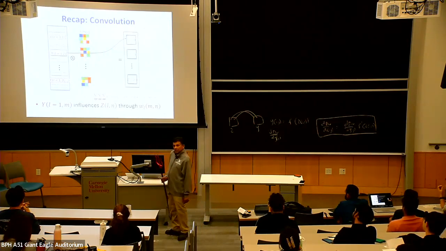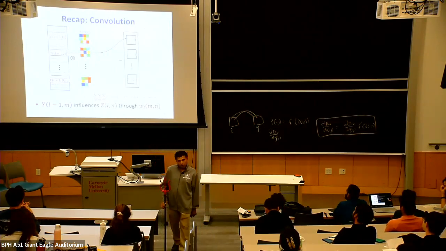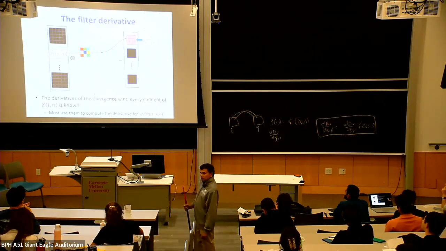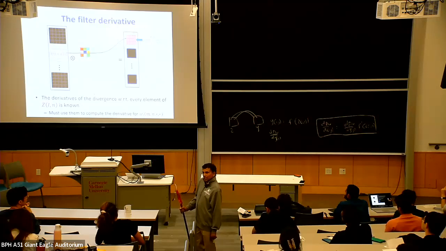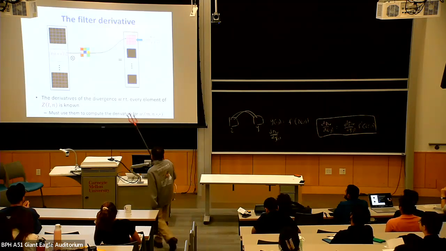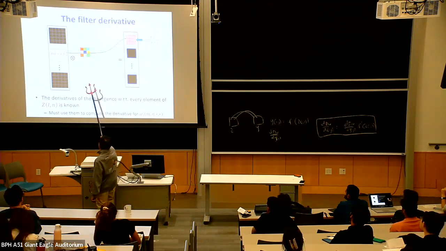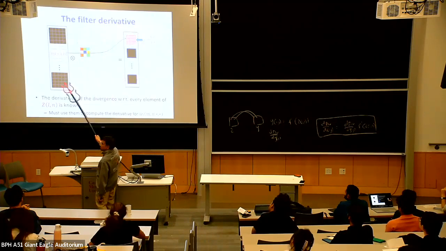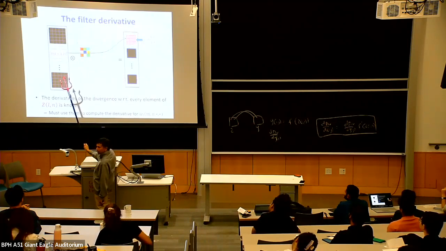That connects the second input channel to the first output channel, right? I already have the derivatives, so that's all I need to focus on. The rest can be ignored. These are the only things that matter.